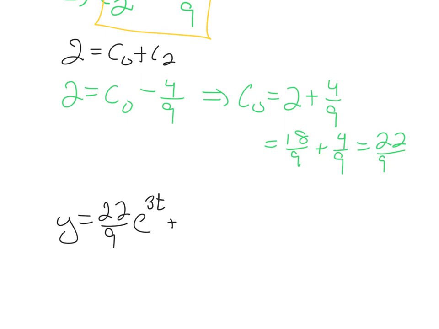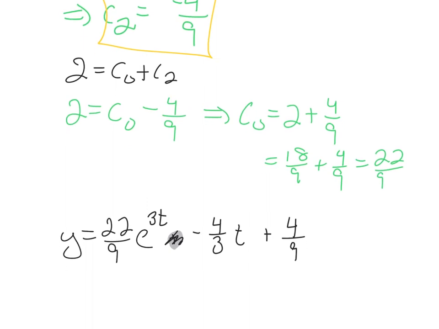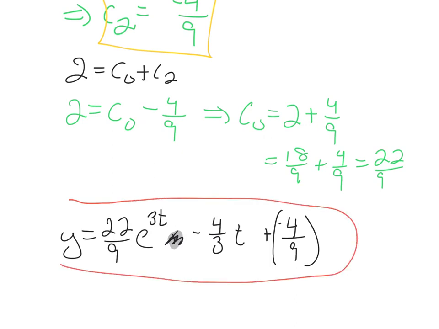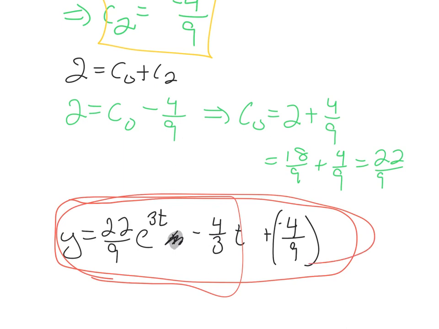So it's not plus, it's minus. Oh, shoot. Well, that didn't work out so well. Let's assume that's not there. Minus 4/3 t plus negative 4/9. I'm sorry, the signs kind of lost me there. But there's our solution. That's our guy.